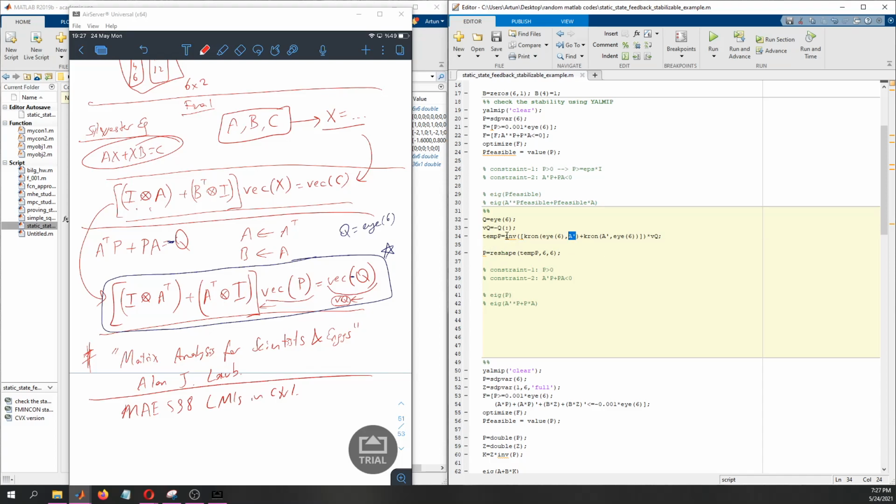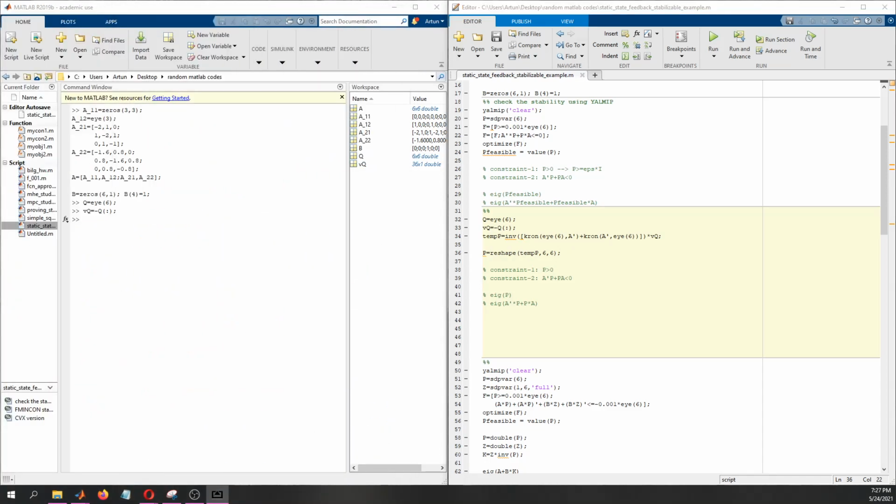Okay, and we need the inverse of this big matrix, and we're going to multiply it with this VQ term to get vec P, which I call temp P, and we're going to reshape that to get the P matrix. That's why I explained the intrinsic aspects of the reshape command earlier. Okay, let's just run this.